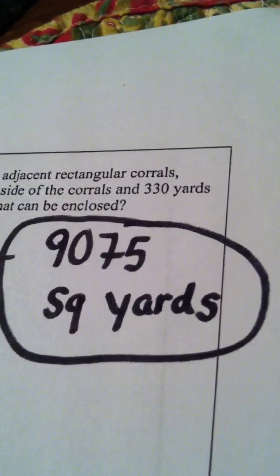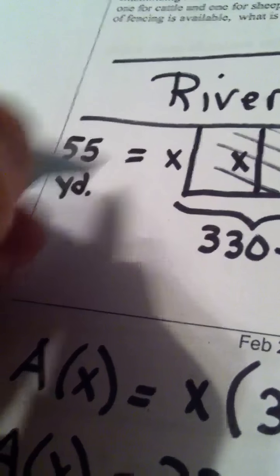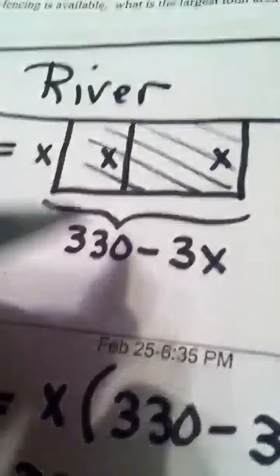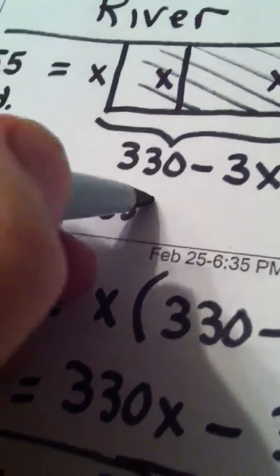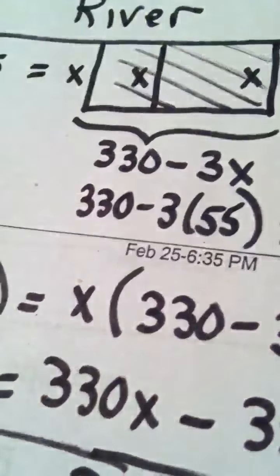Now, what might also be asked on a test would be, what would the dimensions of the rectangle be? Well, in order to find that out, x was the dimension, so this x would be 55 yards, so 55 yards wide, and then 330 minus 3 times 55, let's see what that would be.